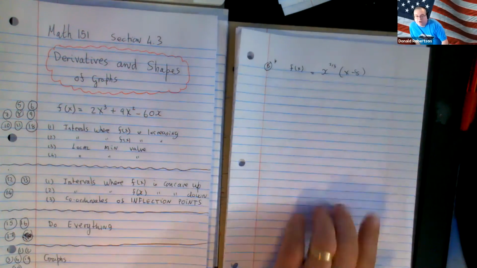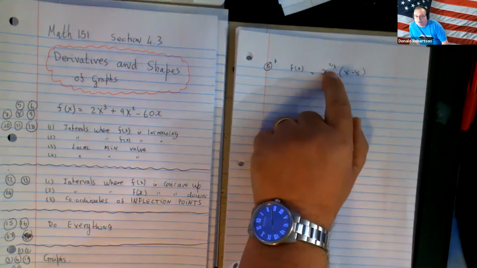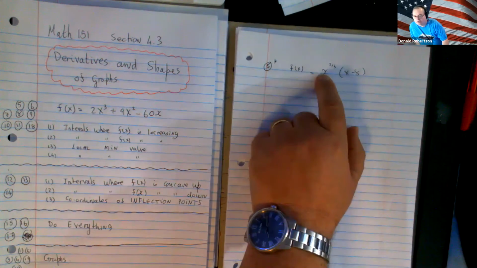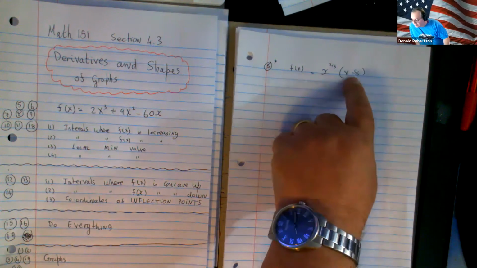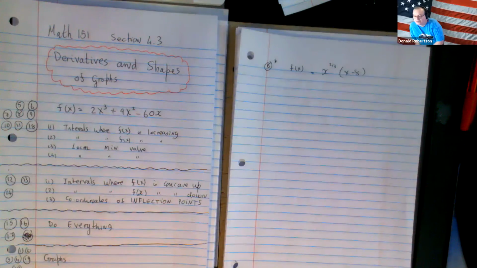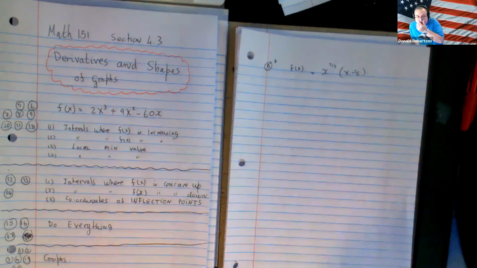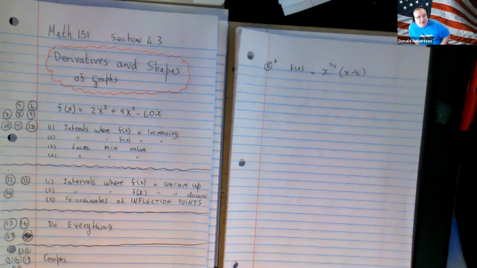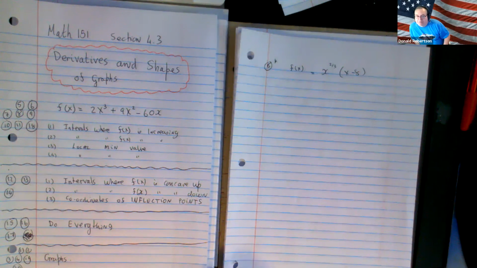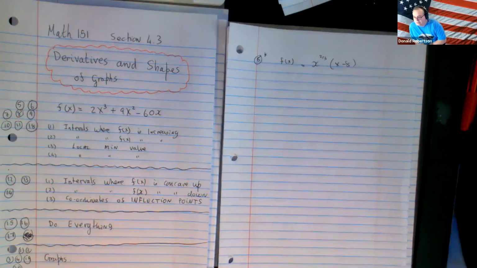So this one is going to represent any fractional power. So this could have been square root of x times x minus 8, right? Something like that. Anything that looks like that. The process is not going to change. The algebra might a little bit, because solving equations changes when functions are different.